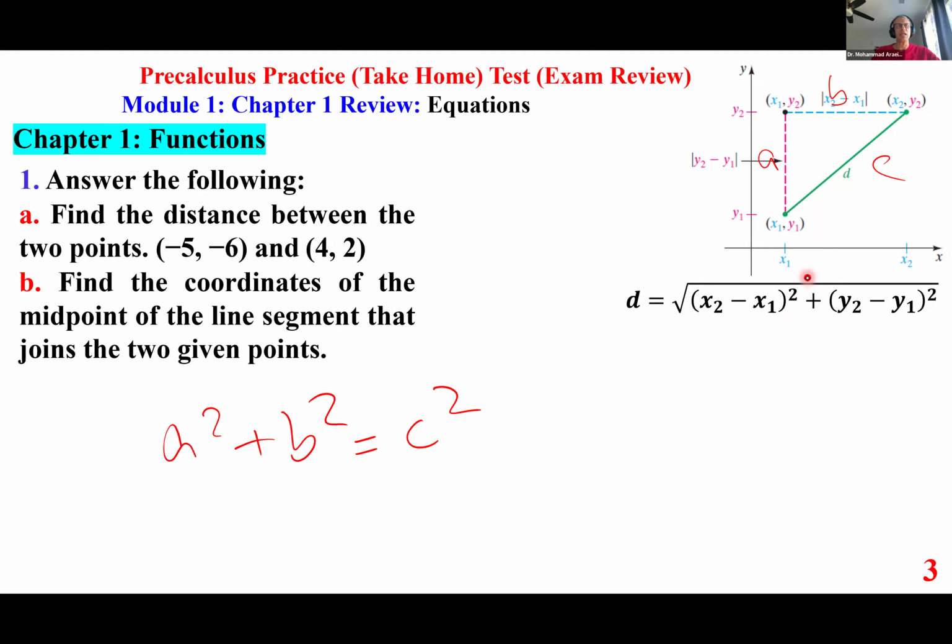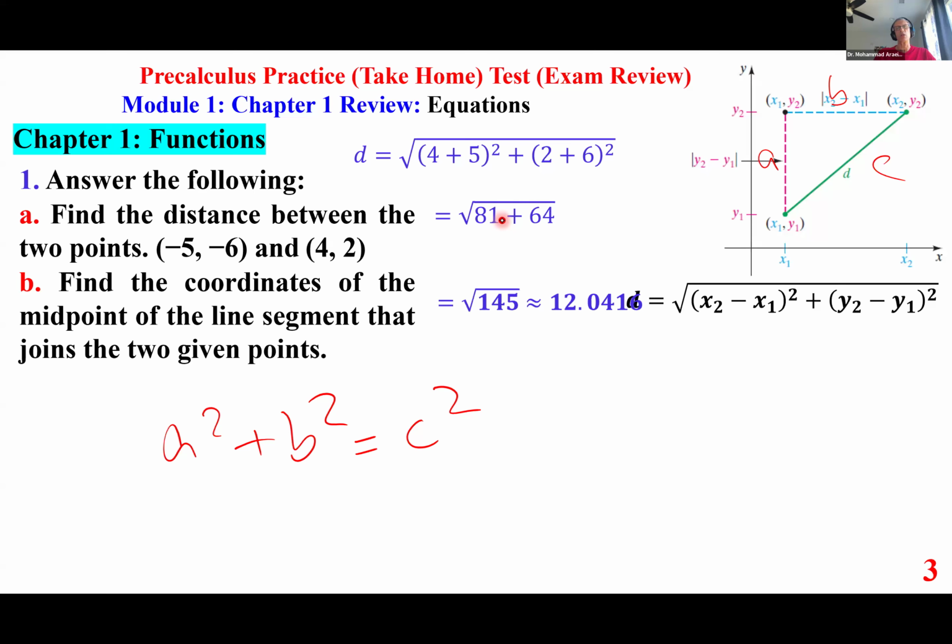So with that being the case, we look at these two points. 4 minus negative 5, that means 4 plus 5 quantity squared, plus 2 minus negative 6, that means 2 plus 6 quantity squared. This is 9 squared, you get 81. This is 8 squared, you get 64. Sum them up, 145.